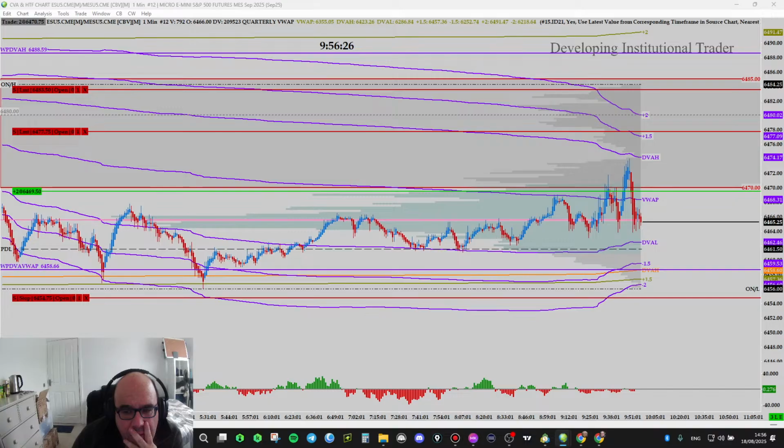Now I'm watching the delta. It seems to have stopped at the minus 5K. It's not going anywhere, not up or down, just getting absorbed both ways. It's very stable price action, by the way.